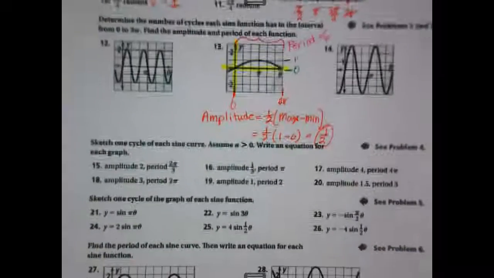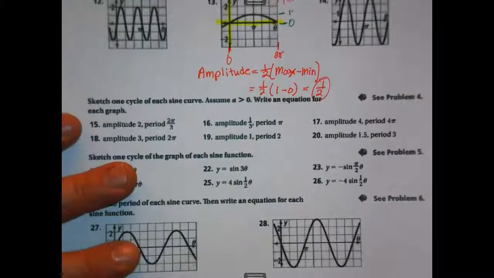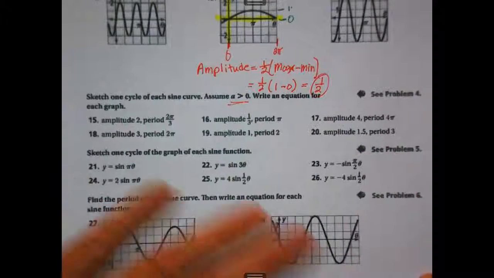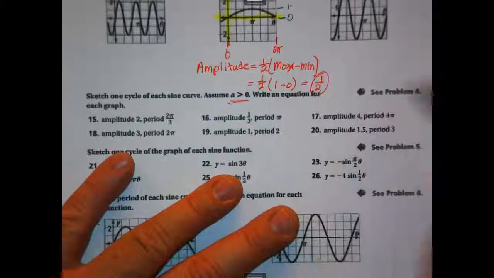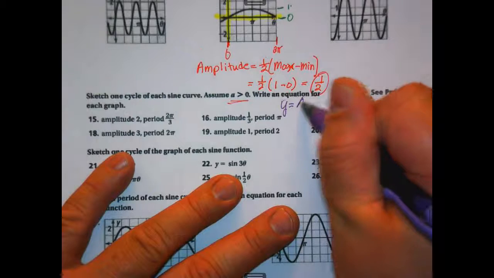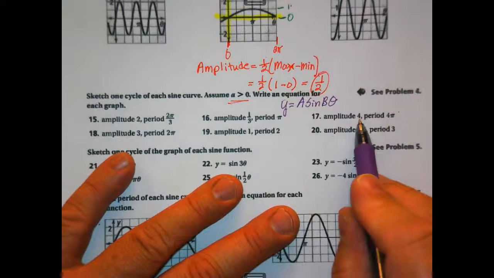15 through 20. I'll do number 17. Amplitude is 4, and we have to assume that A is greater than 0, they told us. So we know that we're going to put it in our little formula here: Y equals A sine of B theta. We know that the A is 4.